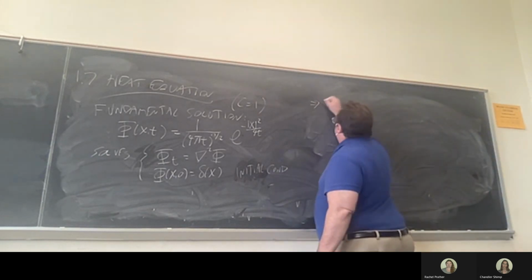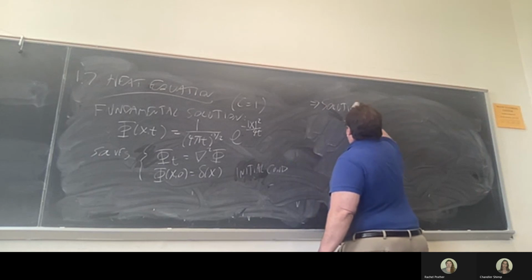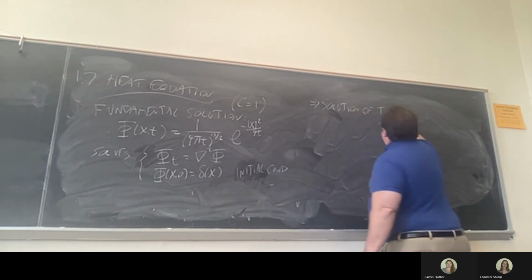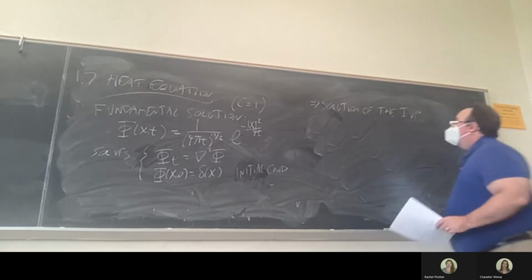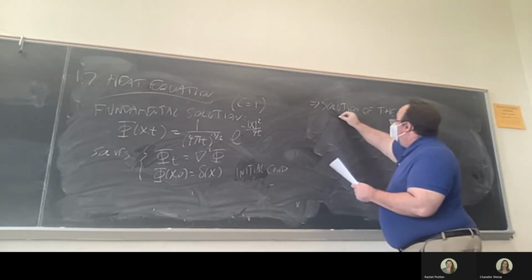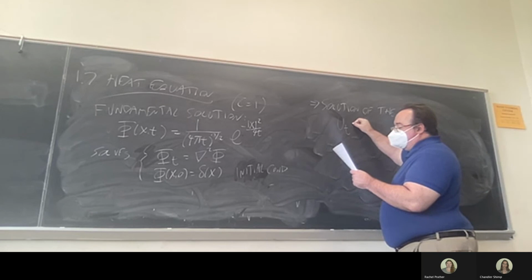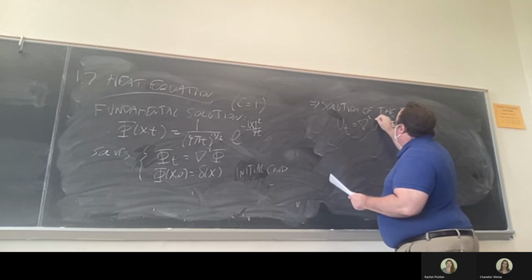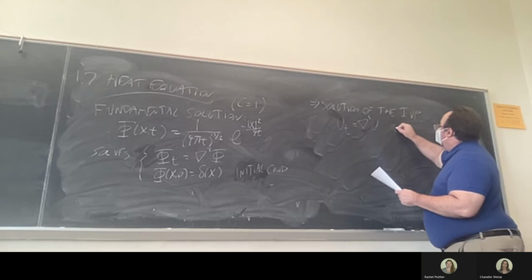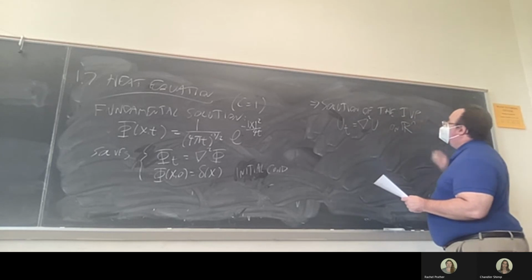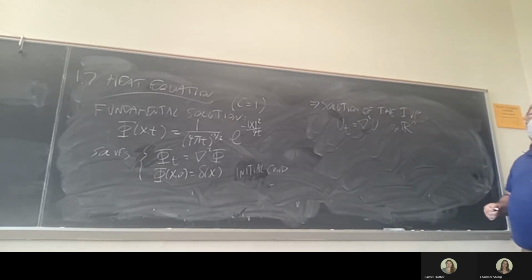Now I can use a fundamental solution to obtain a solution of the initial value problem in free space. So the heat equation on R^n. This is like a free space problem. You can call it a Cauchy problem.